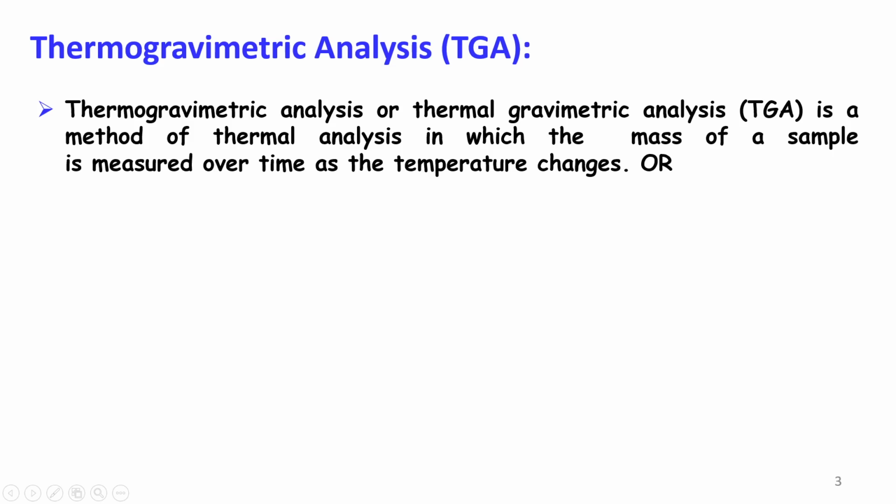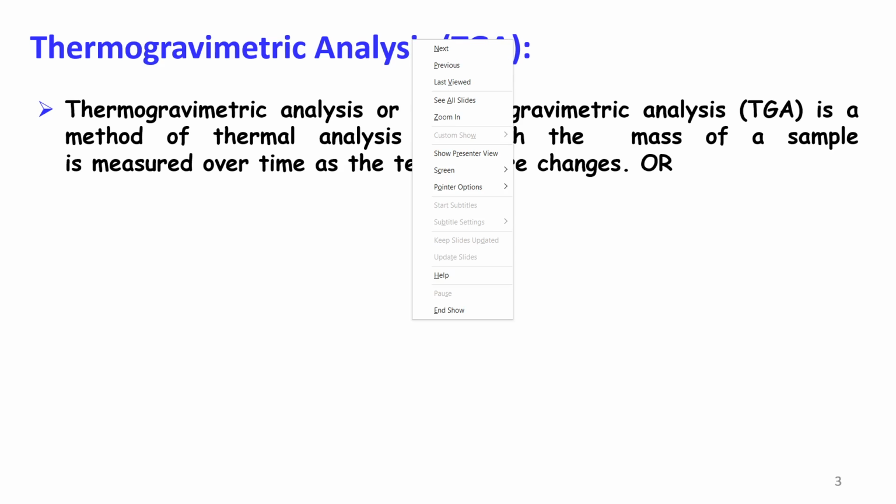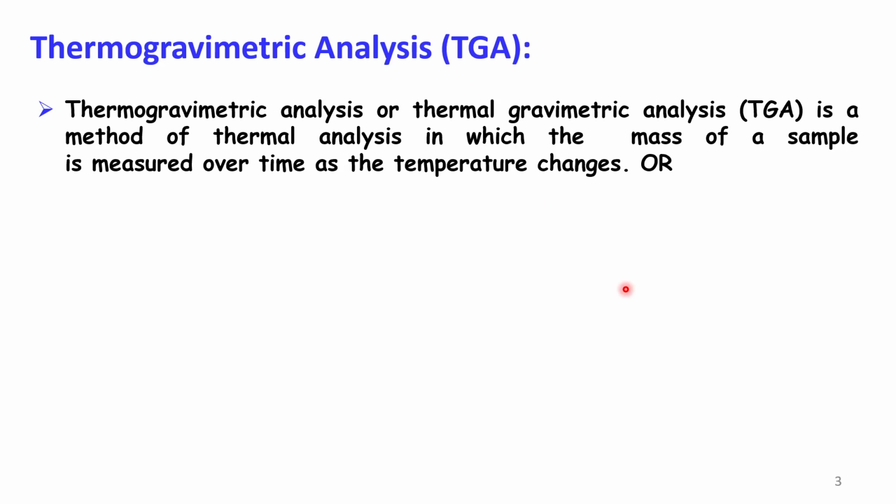Thermal gravimetric analysis is a method of thermal analysis in which the mass of the sample is measured over time as the temperature changes. That means TGA is used to study the thermal analysis of the material as a function of the temperature.